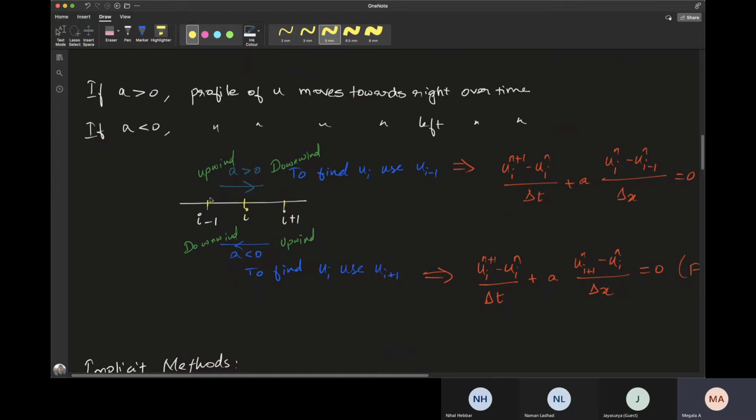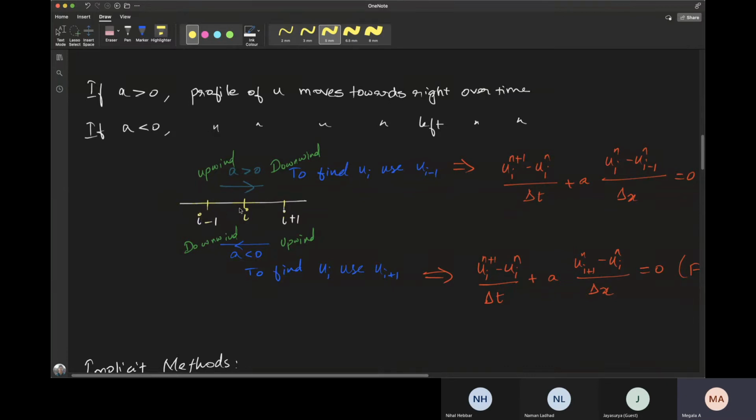You only use things from the left because your solution is moving towards the right. You use the values from the previous time step, which come from the left and not the right.